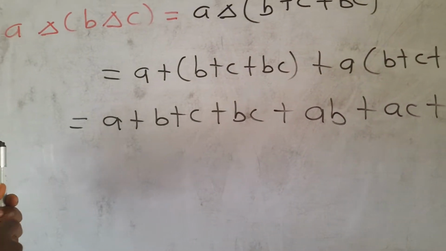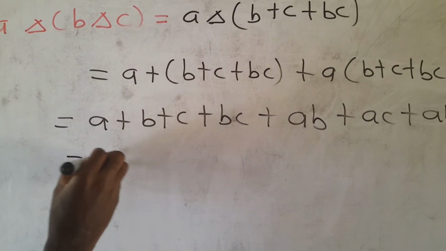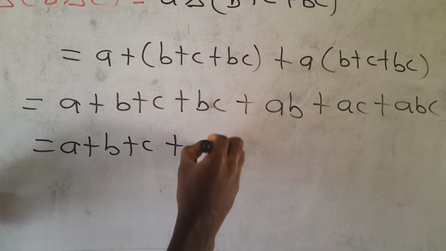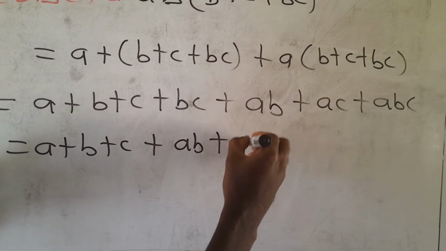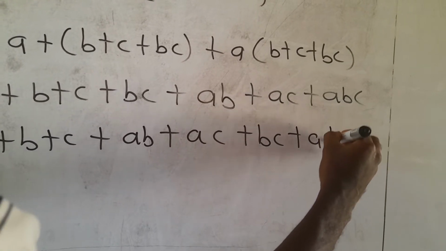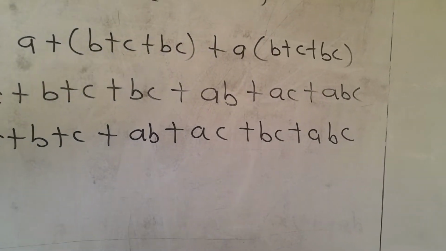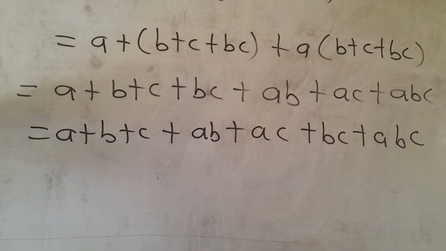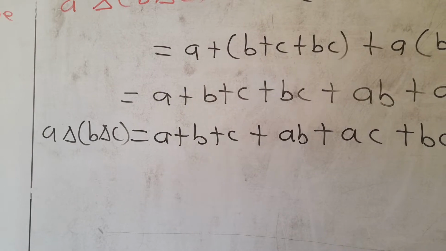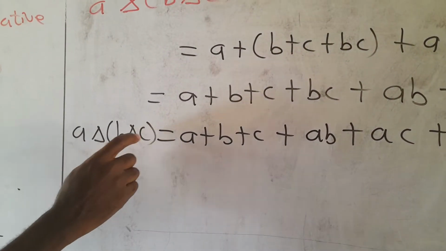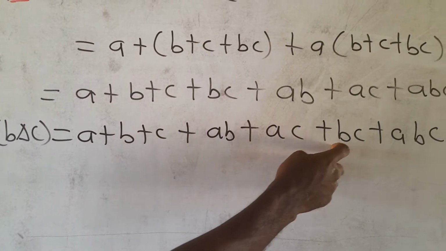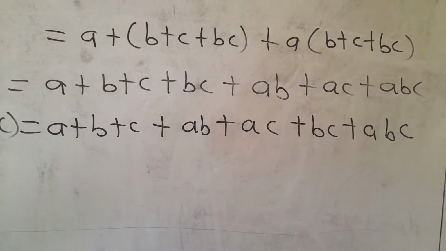So we can rearrange this very well as A plus B plus C plus AB plus AC plus BC, then plus ABC. So this is our A delta (B delta C). So you realize that A delta (B delta C) is A plus B plus C plus AB plus AC plus BC plus ABC.